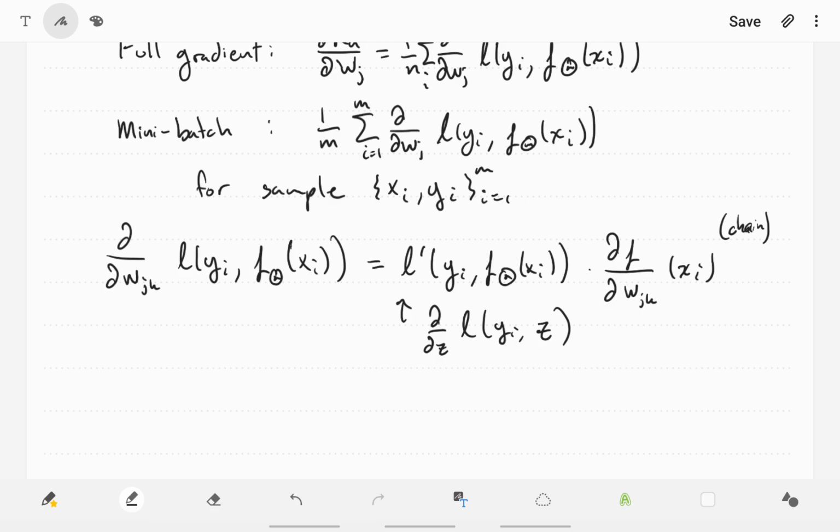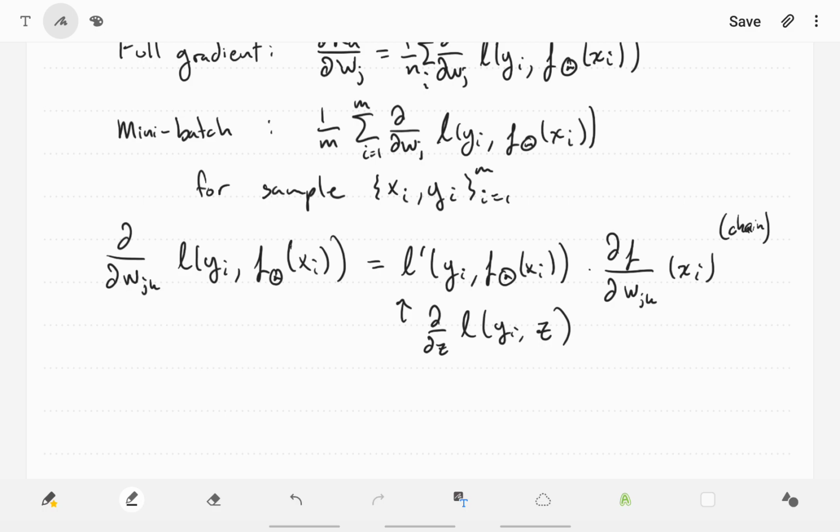So you could say, for example, if we're using the hinge loss, then we're going to use our subgradient of the hinge loss, and you can just hard code that in, which is really just the indicator that yi times z is less than 1, right? So that's the nice thing.